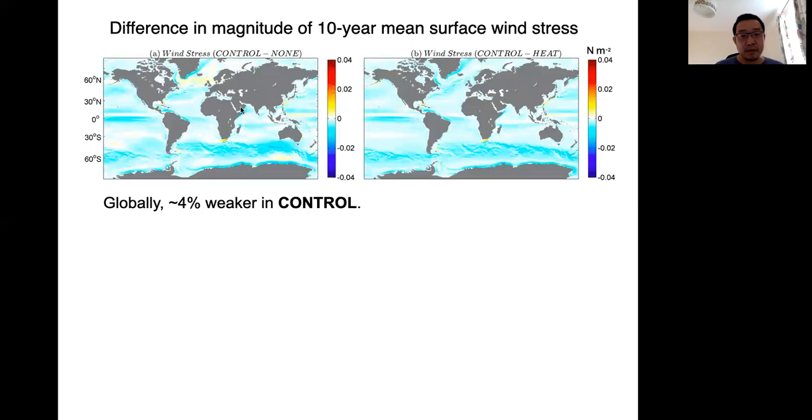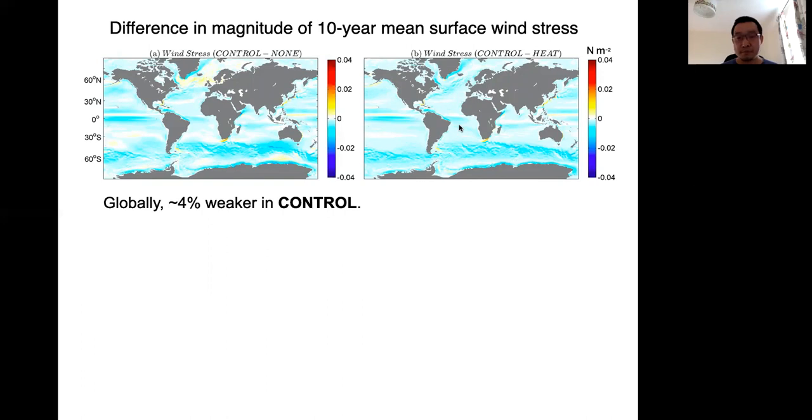It's almost blue everywhere, and this is very similar to the difference between control minus heat. Again, if you recall, the difference between control and heat tells us the impact of including ocean surface velocity in the wind stress calculation. So in some ways, not surprising. The difference in wind stress between control and none is because we include ocean surface current in the wind stress calculation. So one thing to say is it's overwhelmingly blue.